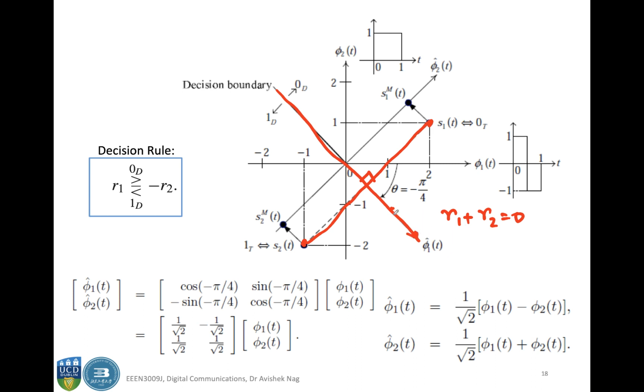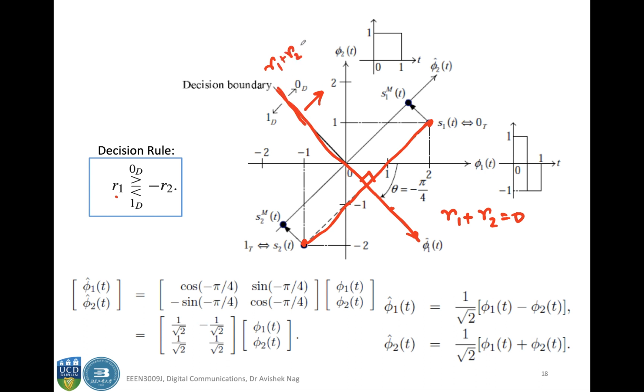So therefore the decision rule is basically: if your R1 is greater than or equal to minus R2, then you go for 0. So this is the region for R1 plus R2. This is the decision boundary.